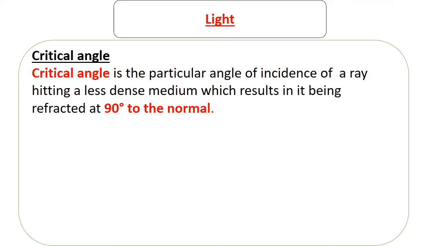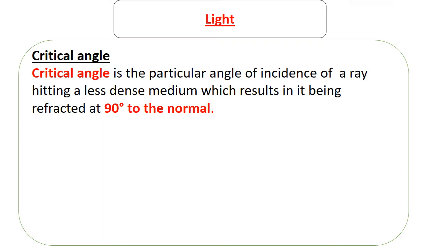So a critical angle is always talked about when we have a denser medium and a less dense medium. Then a ray should be coming from a denser medium and should hit a less dense medium. And when that happens, the ray should be refracted at 90 degrees to the normal.